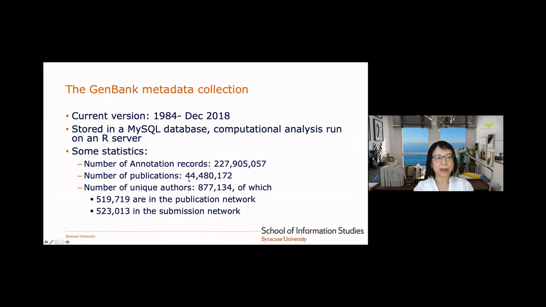The number of publications is close to 44 million and 500,000. And the number of unique authors is a little shy of 1 million. But if you look at the number of authors who are in the publication network only and in the submission network only, you will discover the total doesn't add up to the total number of unique authors. That means these authors have some overlap in terms of which network they are in.